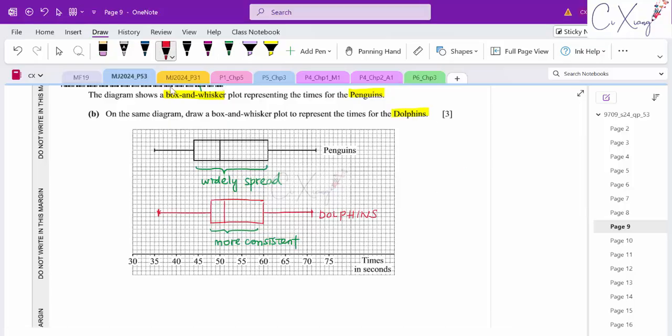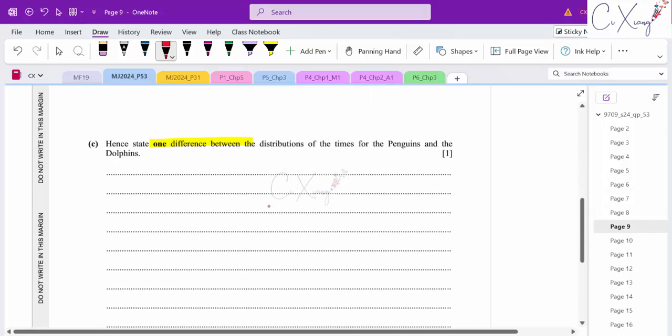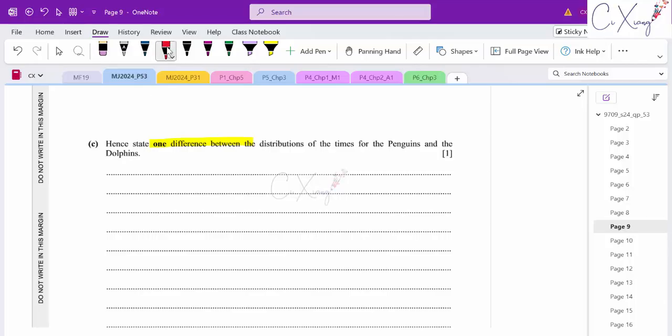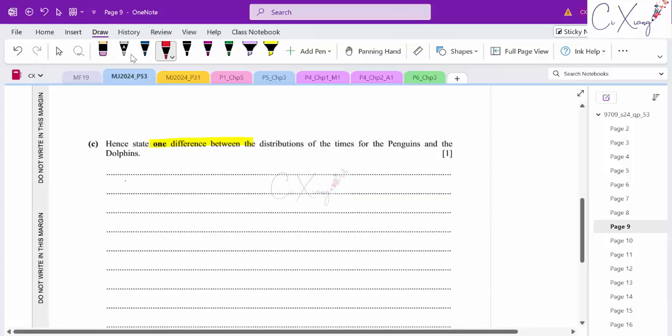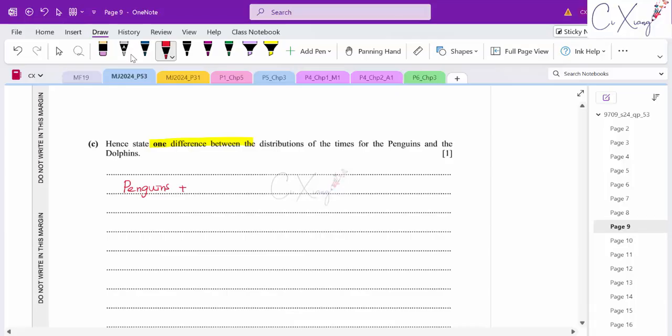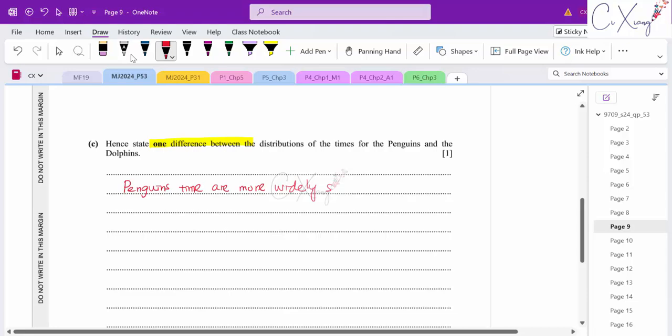All right, so let's continue. You can either tell them that the penguins' time is widely spread, because penguins are more widely spread, right? So this is the first way that you can write it out.